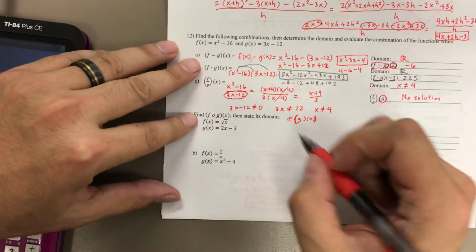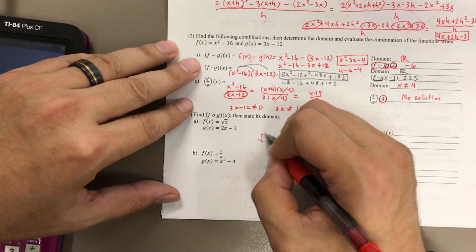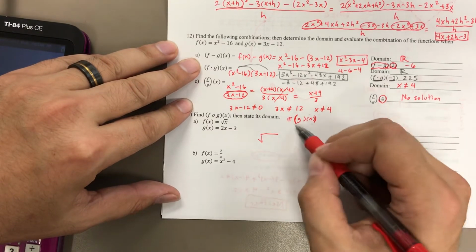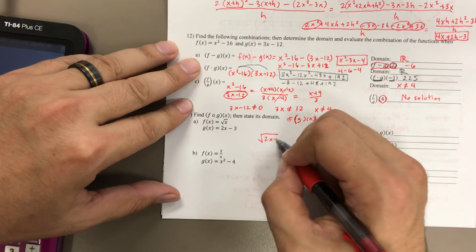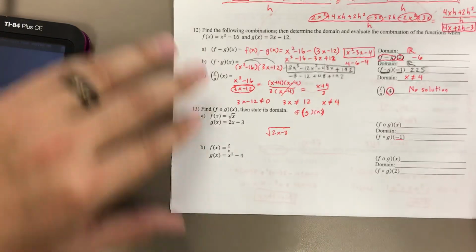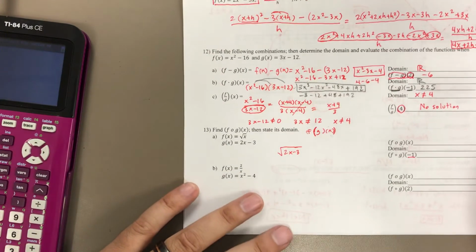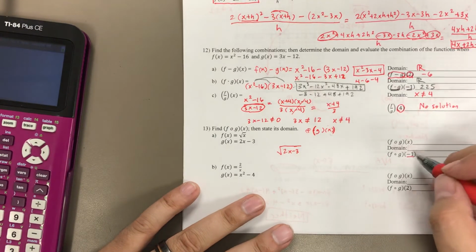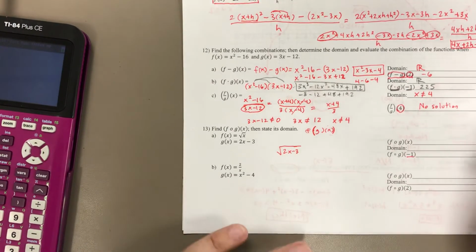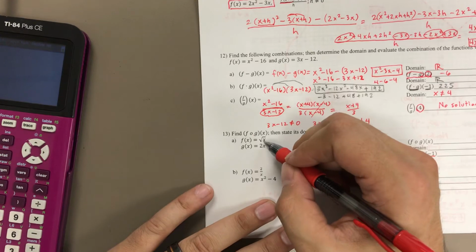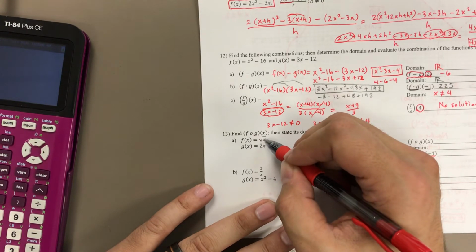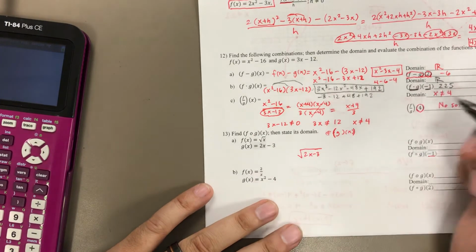So we're going to take the f function and use it as a template, the square root of something, and what that something is that we're going to plug in is the whole g of x function, so 2x minus 3. Okay, so we're going to look at the individual parts of this to see what we can do with the -1 and then also solving the entire thing. First off, we know that when we do a square root, the inside of the square root needs to be a positive number or 0.